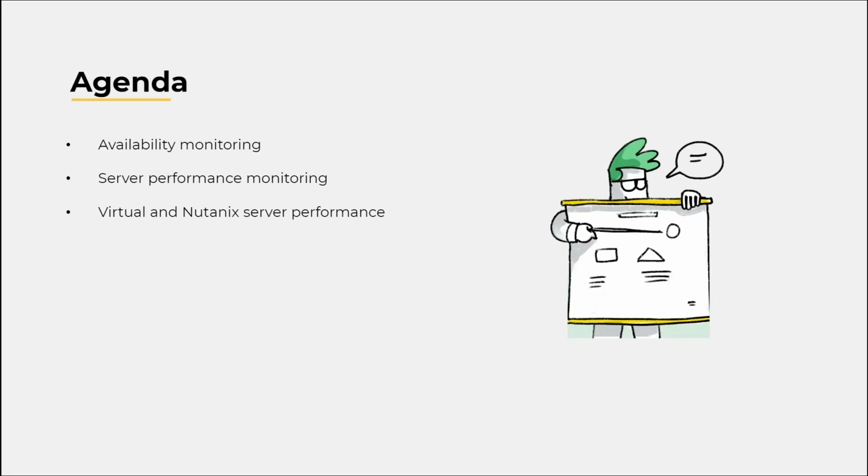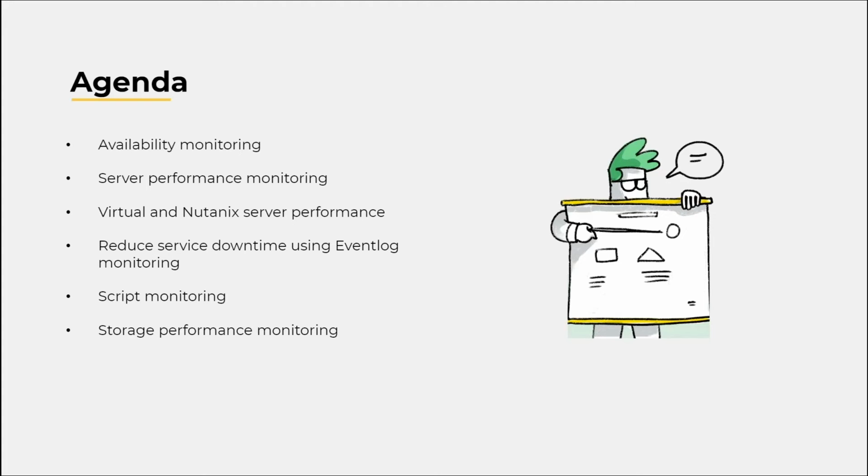We'll also talk about virtual environments like Hyper-V, Xen, Citrix, VMware, and also Nutanix server performance metrics. Then we'll talk about event log monitoring, and how you reduce your service downtime with the help of event logs, and we'll talk about script monitoring as well. Storage performance monitoring comes last in today's presentation.